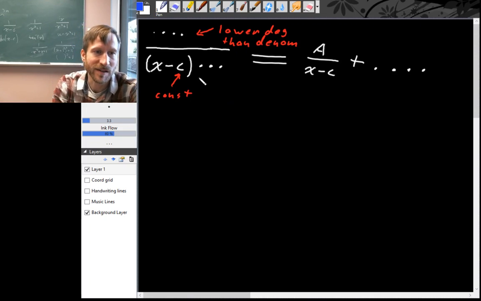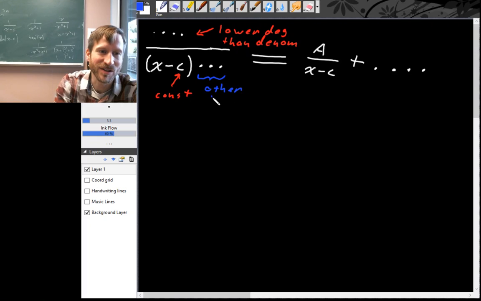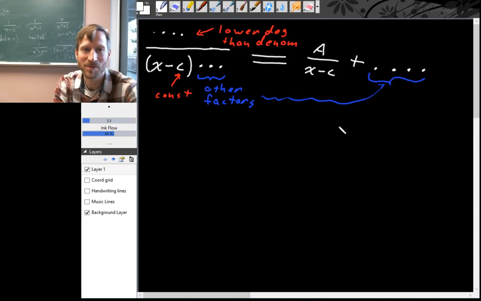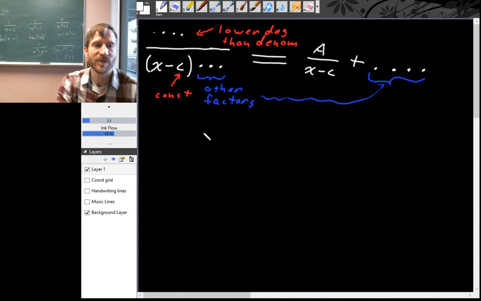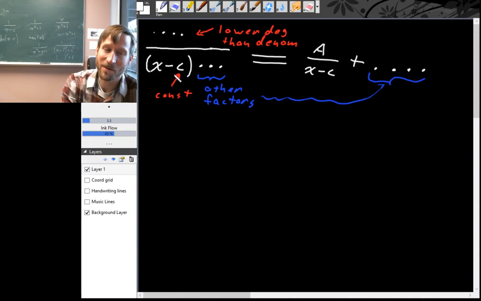The dot dot dot just represents whatever other factors show up in your denominator, and all of these other factors will produce their own terms in the decomposition. But this first factor, x minus c, produces the term A over x minus c.